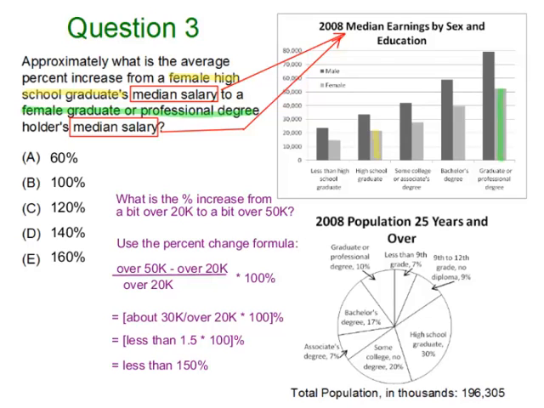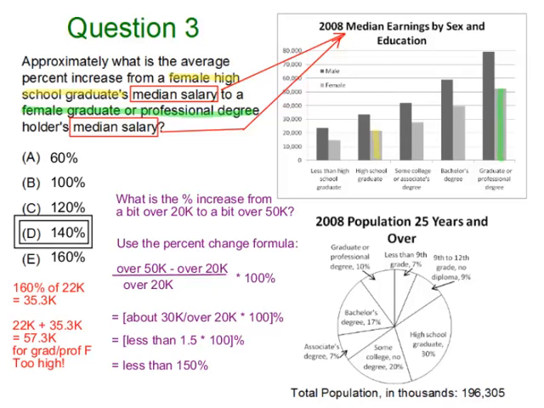If that feels a little hand wavy to you, you could take the opposite approach of using the choices. So what is 140% of the average salary for female high school graduates? Figure that out and see if that puts you in the ballpark when you add that on to get the graduate professional degree average salary. I'll do that for us just to show how 160% can't be right.